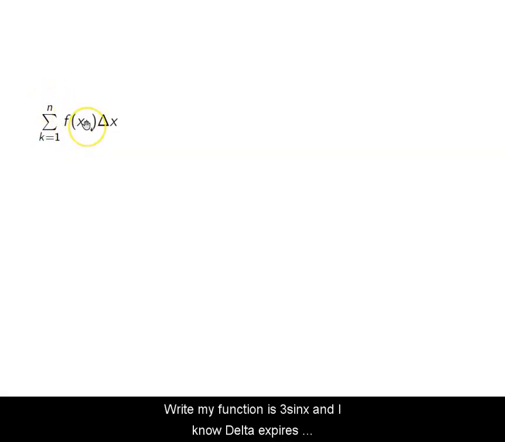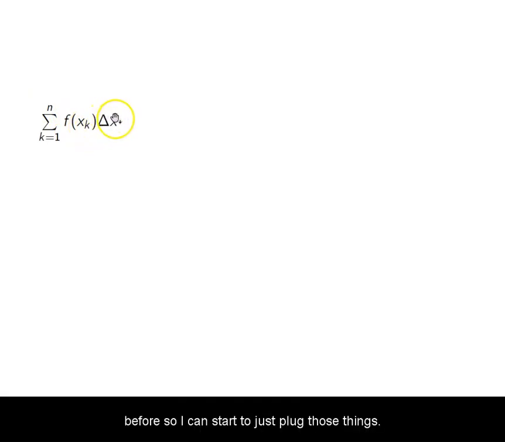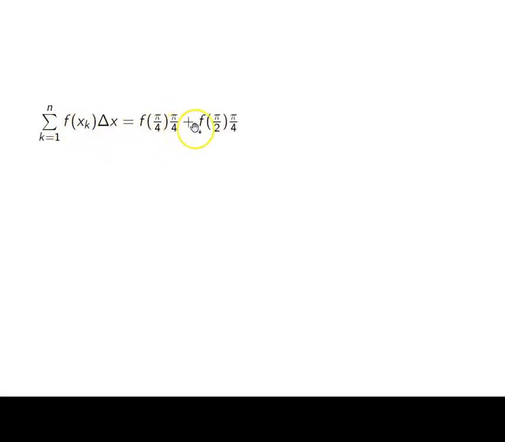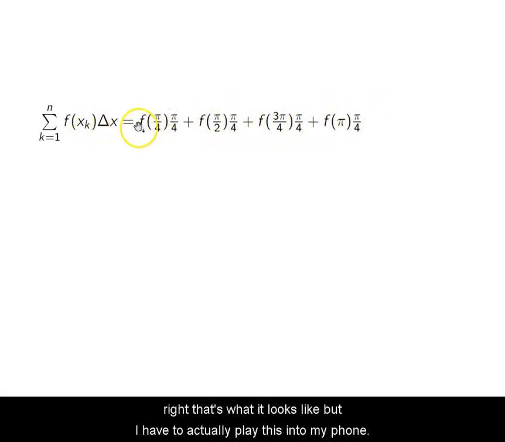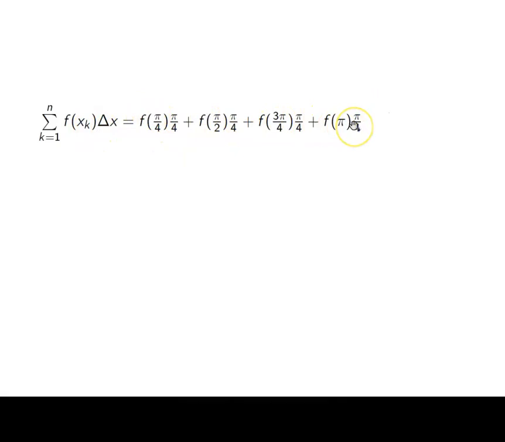My function is 3 sine x, and I know delta x is pi over 4. So I can start to just plug those things in. I'm going to have f of pi over 4 times pi over 4. I'm going to add to that pi over 2 plugged into my function, times pi over 4, then 3 pi over 4, and then pi, right? So this is what my notation looks like, but I have to actually plug this into my function.